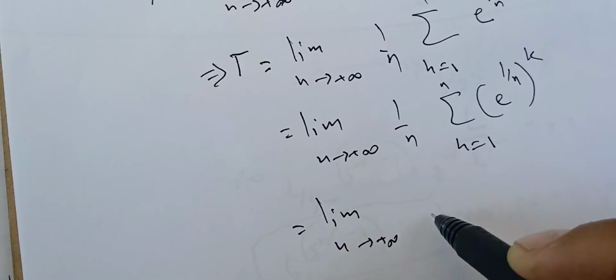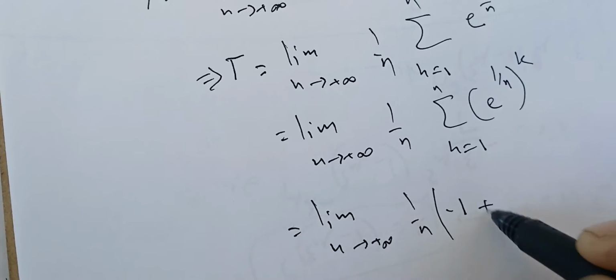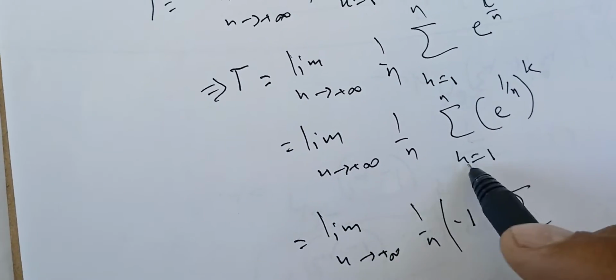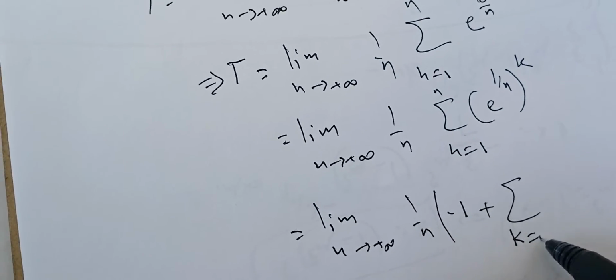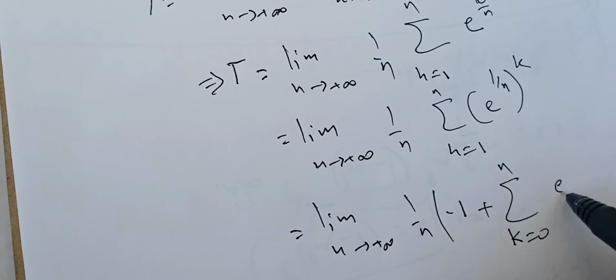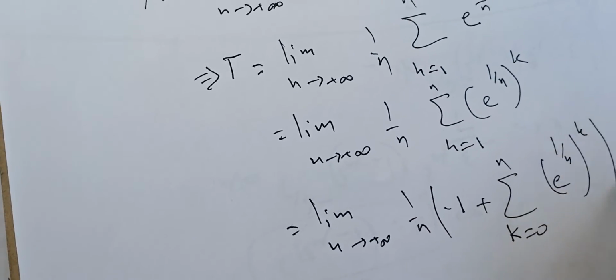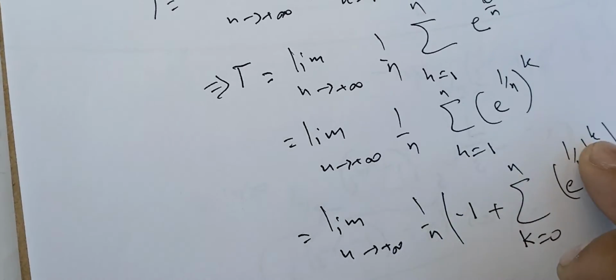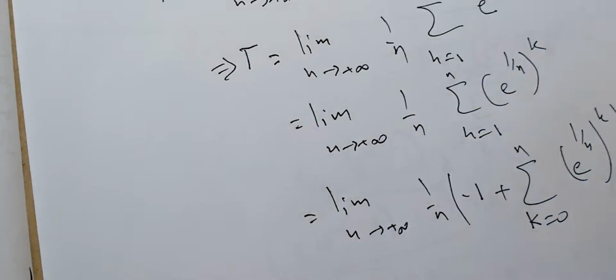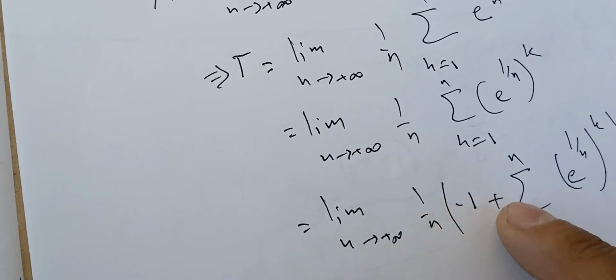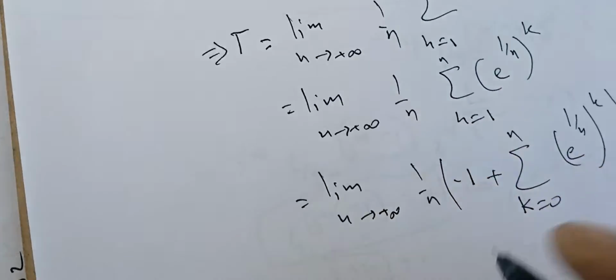I'm going to change the index to go from 0 to n, because when k is 0 we get 1, and 1 minus 1 is 0, and we start again from 1.